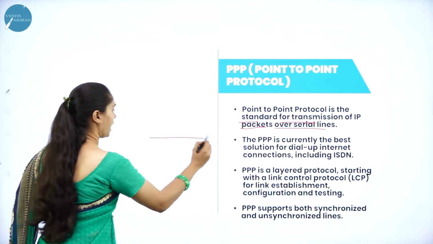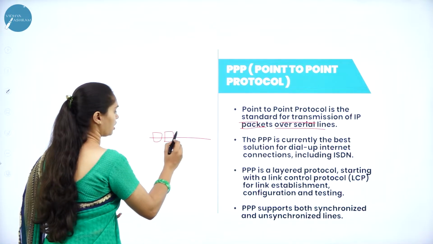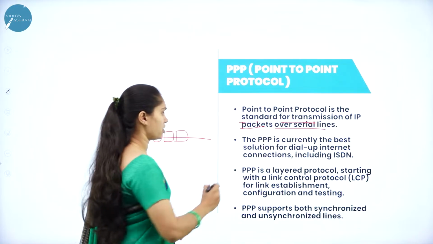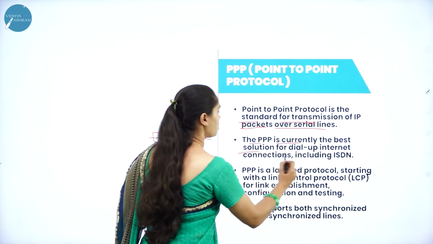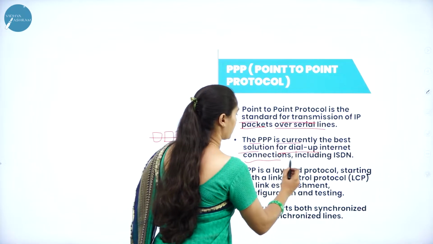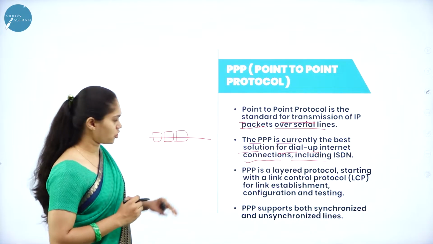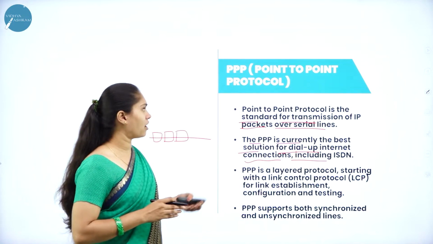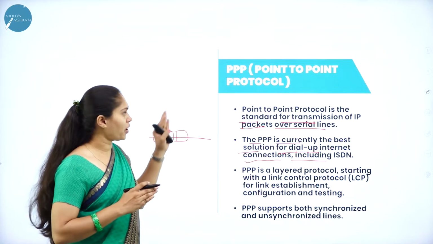This helps us transfer data and information as IP packets over a single line. PPP is considered the best solution for dial-up internet connection including ISDN, mainly with respect to landline connection. In order to have that, you must have this Point-to-Point Protocol.